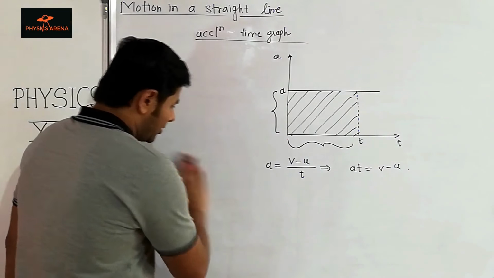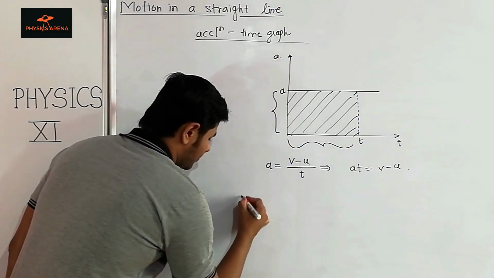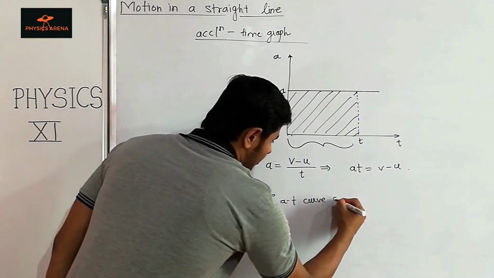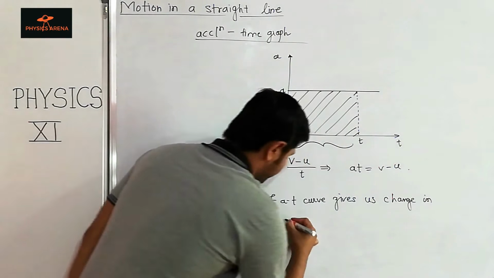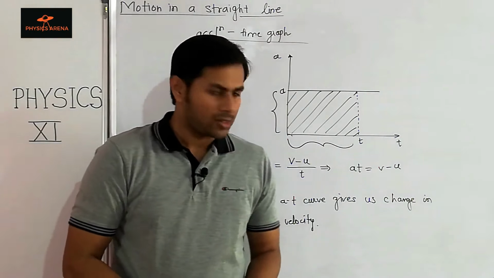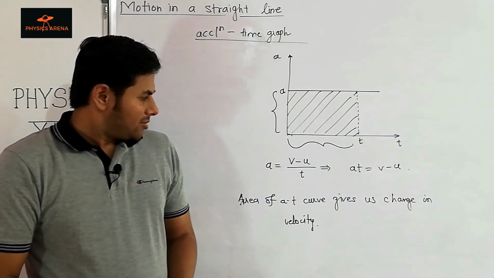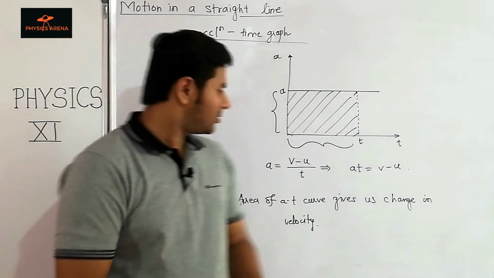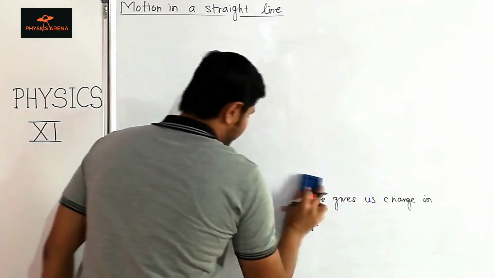So the information we get here is that the area of the at curve gives us the change in velocity. Now we are done with plotting of graphs, and we obtained some information from the graphs. So let me collect the information in one place.